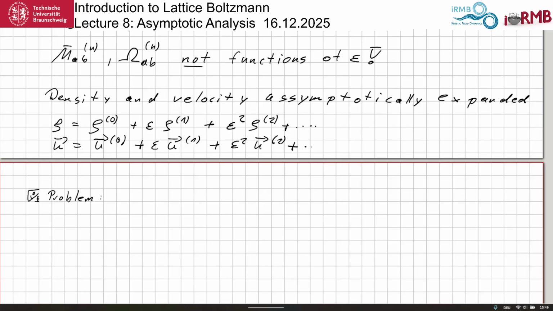We have time, so we have two numerically small parameters, delta x and delta t. Now you have to couple them, and there are infinitely many ways you could couple them.